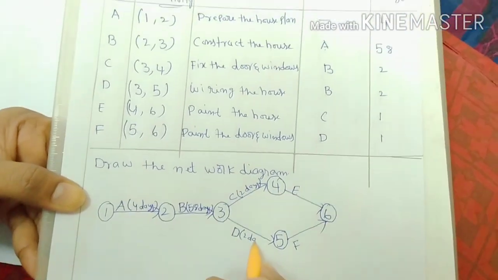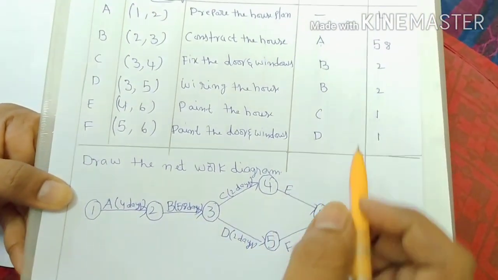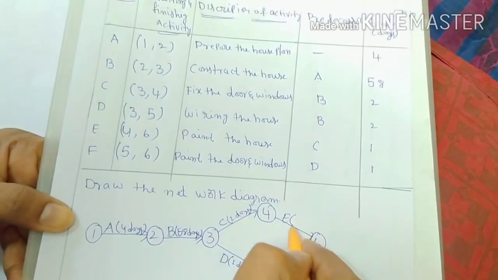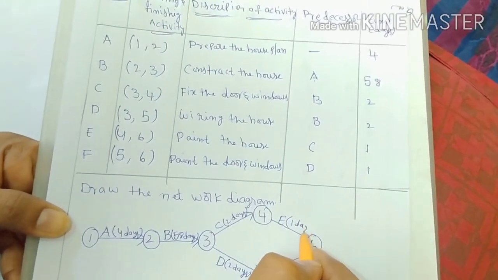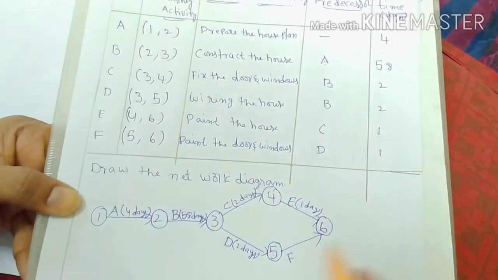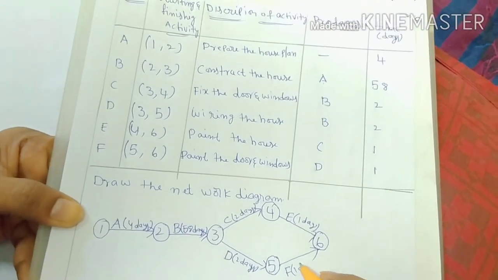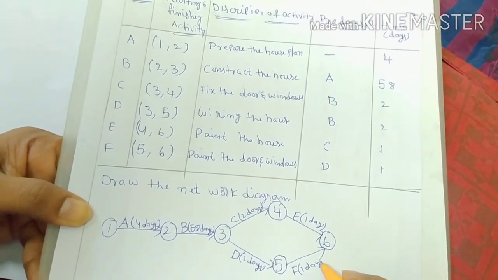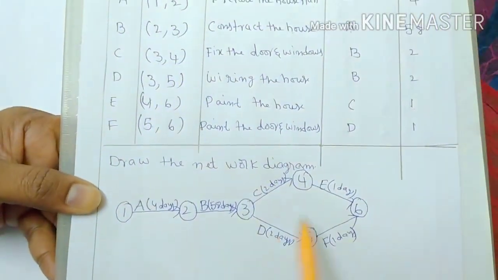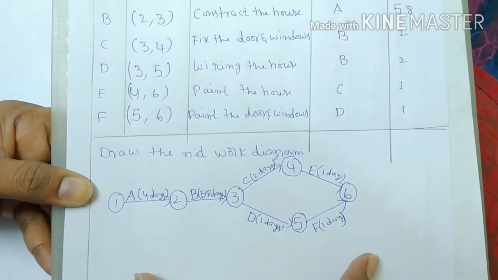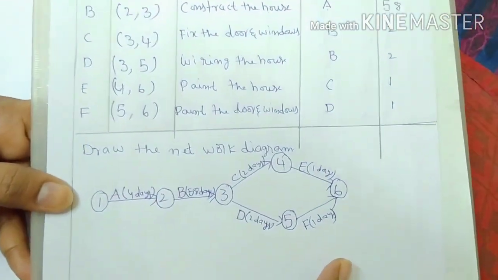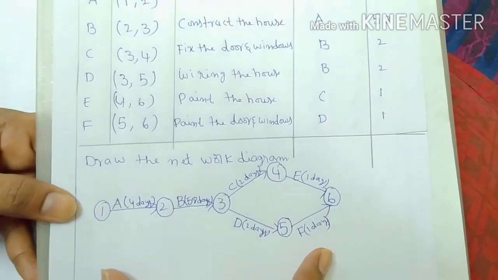E 1 day. F 1 day. Likewise we need to mention it. This is the exact shape of the network diagram.